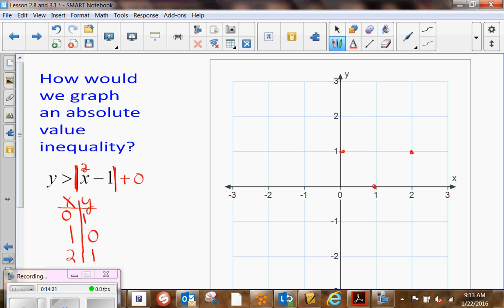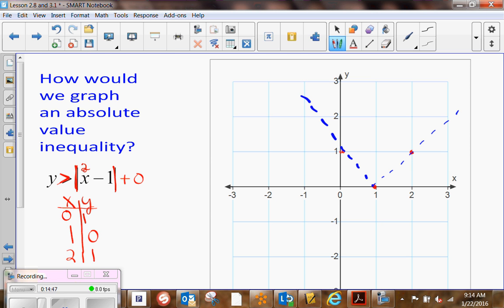Now, I know I'm going to draw a V, because that's what all absolute values do. However, this is not greater than or equal to, it is just greater than. So I'm going to draw an open V, or a dashed V, because it can't lay on the line, but it can go right up to that line.